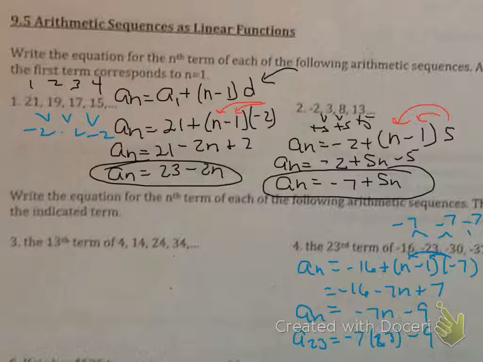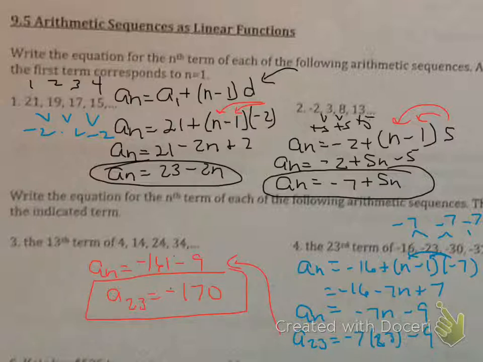So we're going in this direction, so you kind of see it. So this is an equals, now it's negative 7 times 23, see that's 21, carry 2, that's a negative 161, and then you've got minus 9 again, so a to the 23rd, the number is going to be negative 170. That's how you find that.